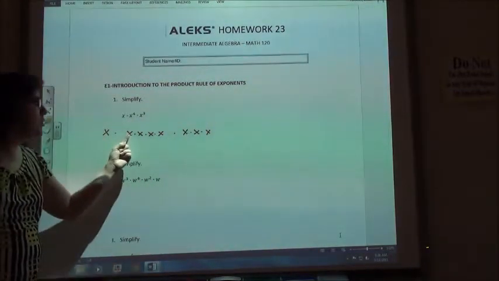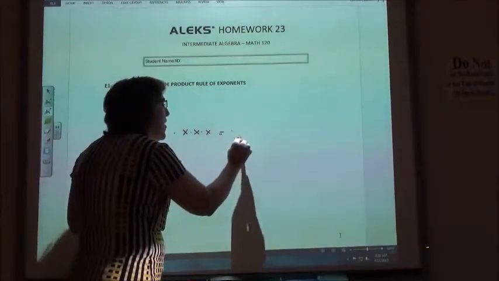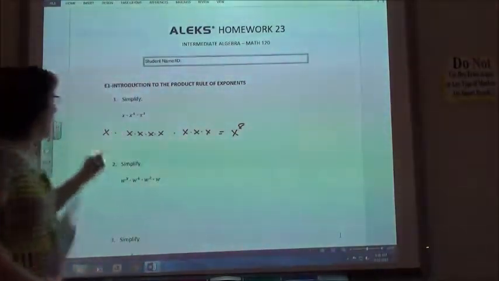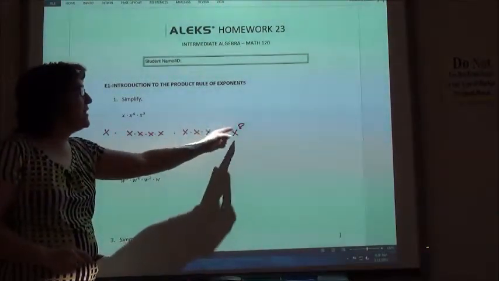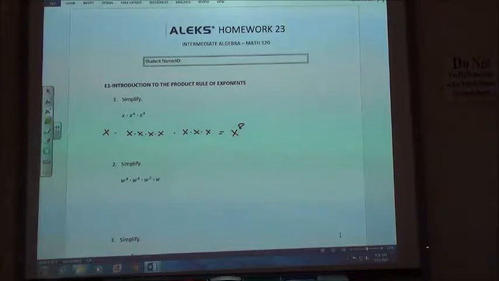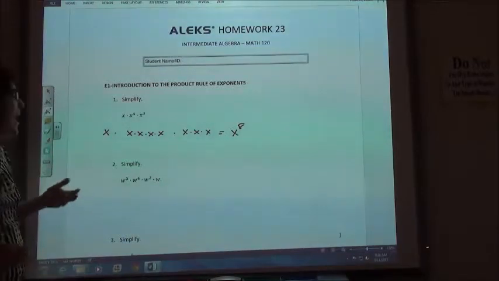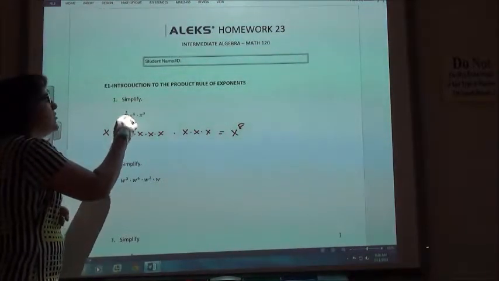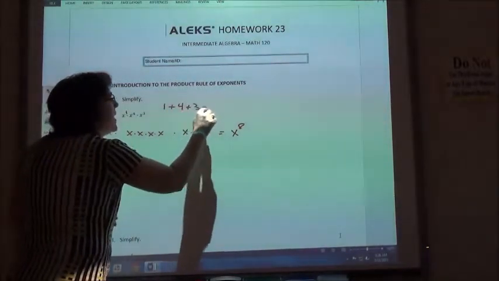I've got 1, 2, 3, 4, 5, 6, 7, 8, so I could combine all of that. X times x times x times x times x times x times x times x is x to the 8th power. This leads us to the rule: when you're multiplying with the same base, you add the exponents. This is x to the first, so 1 plus 4 plus 3 gives me 8.